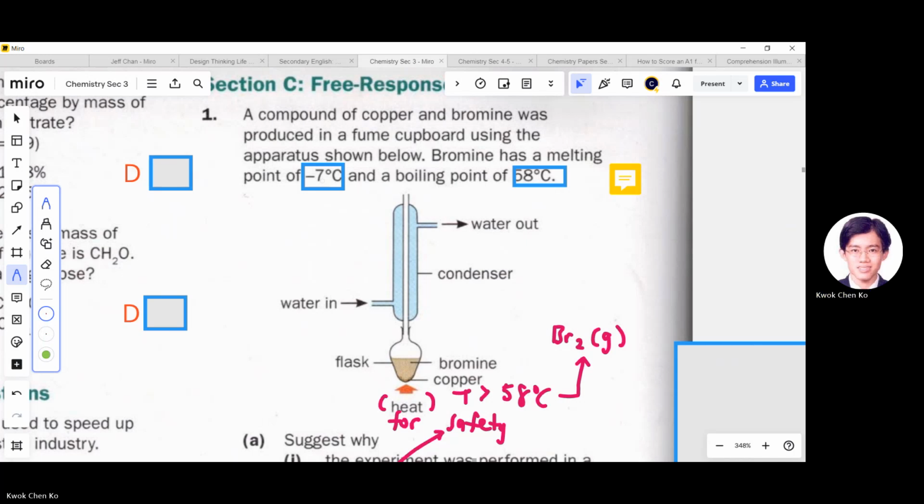But, before I forget, do you remember what's the state of bromine at room temperature and pressure? Now, if you look at your periodic table, there are only two substances which are liquid at room temperature and pressure, two elements. Which are the two elements? Guys, you're supposed to know that.